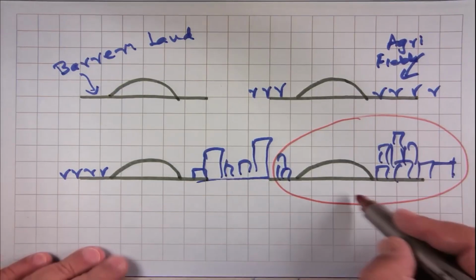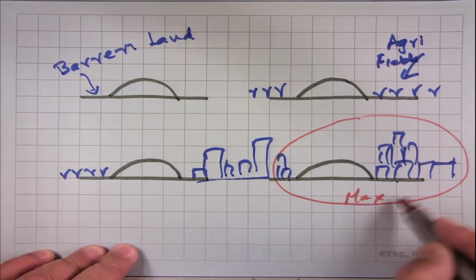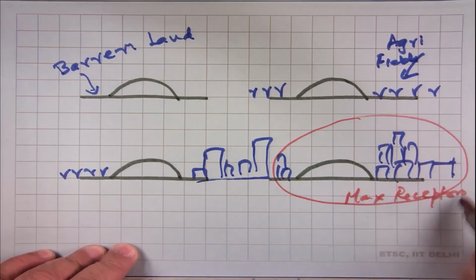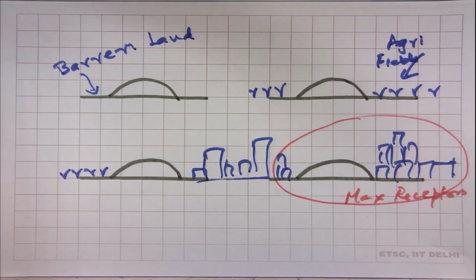Maximum receptors here. Larger the source, shorter the pathway, more the receptors, greater the impact. And whether it's a dump or a pond, it holds.